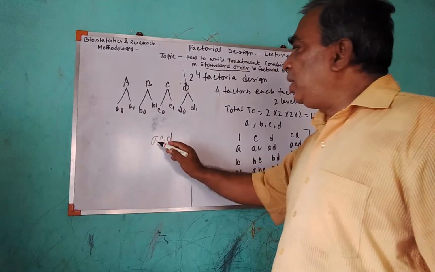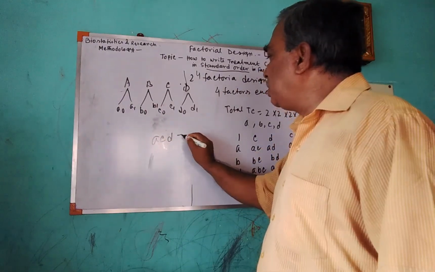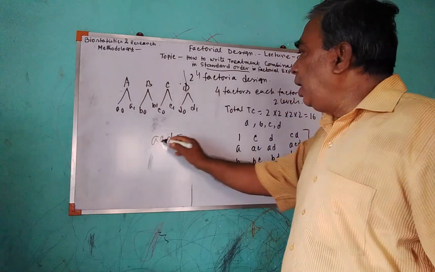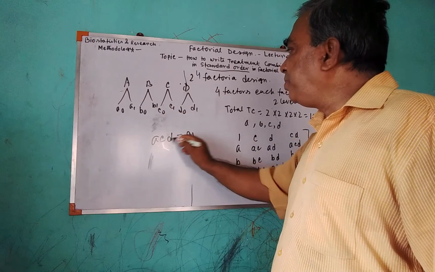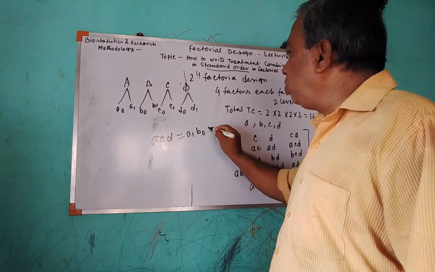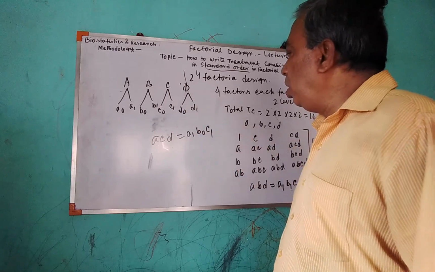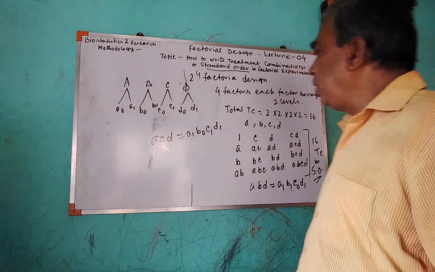ACD means higher level of A, that is A1. B is absent here, so it is lower level. C is present, so C1, and D is present, so D1.